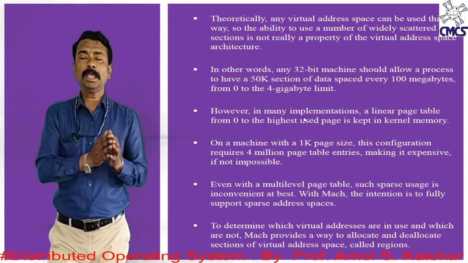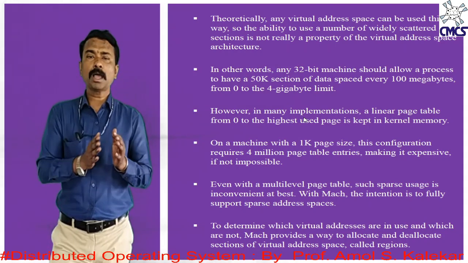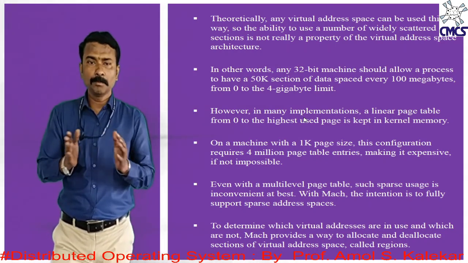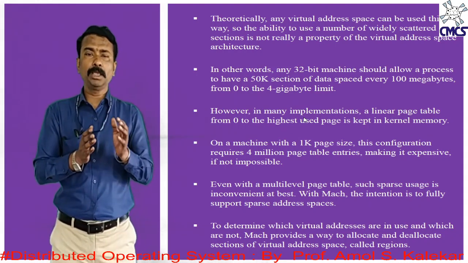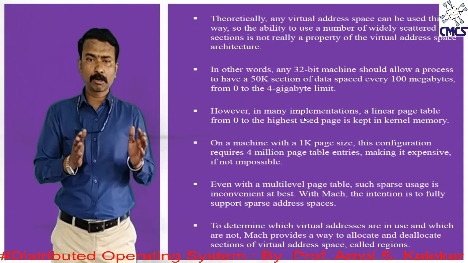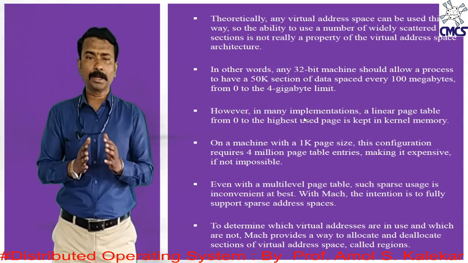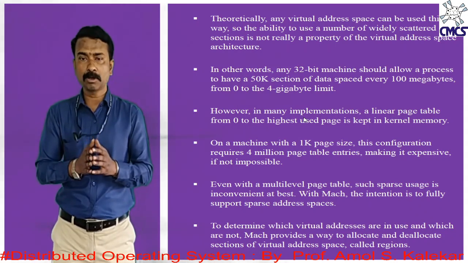However, in many implementations, a linear page table from 0 to the highest used page is kept in kernel memory. In this manner, on a machine with a 1K page size, the configuration simply requires 4 million page table entries, making it quite expensive if not impossible.